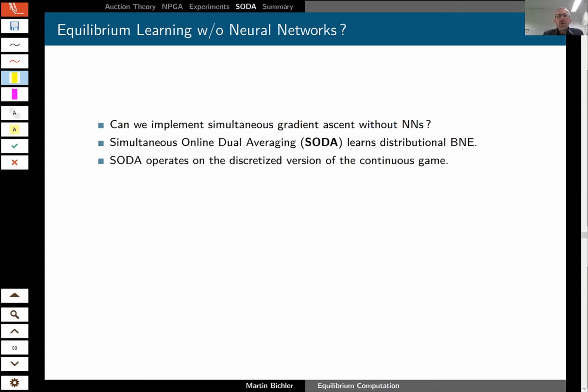And SODA now operates on the discretized version of the continuous game. And we get away without these neural networks, as you will see. And what is the most important point is that these expected utilities are now linear in the distributional strategies. So the non-linearities in a way are soaked up by the strategies. Why is that important?